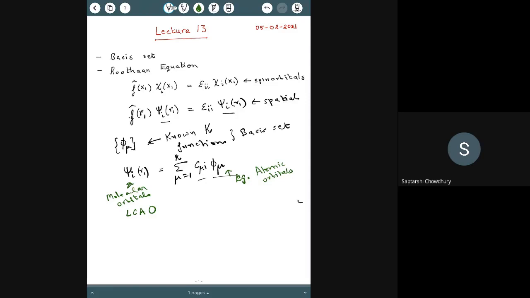So let's move on. We can put this expansion now into the canonical Hartree-Fock equation, and we get F r1, sum over mu to k c mu i phi mu, equal to epsilon i, sum over nu c nu i phi nu. Don't mind me missing the hats or putting them sometimes.